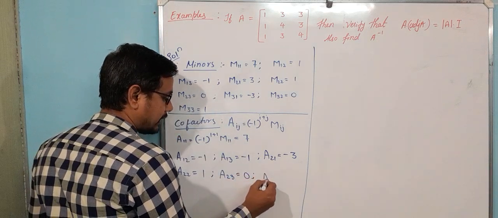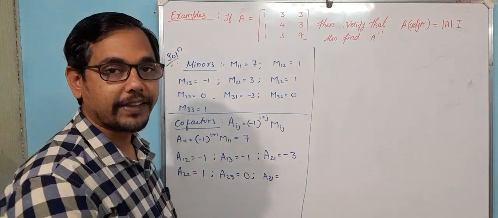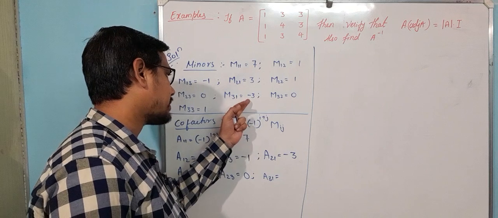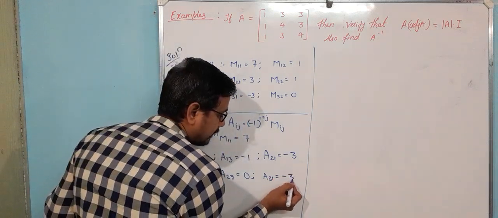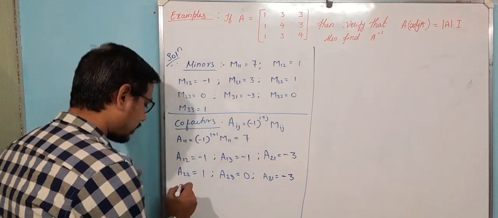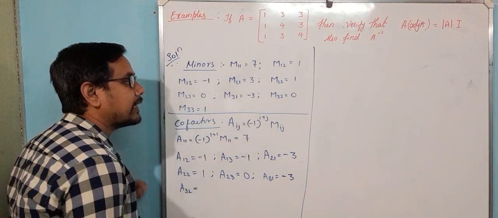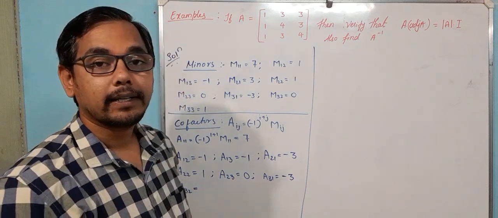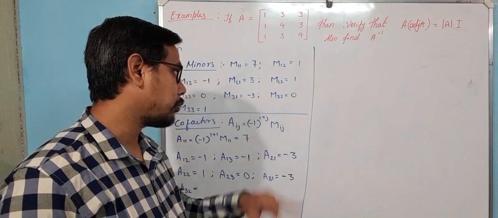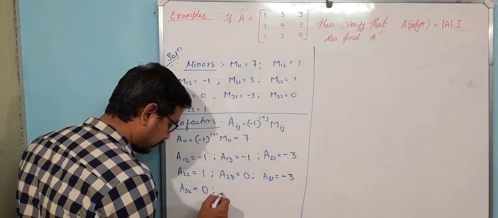Then A31: 3 plus 1 is 4, which is even. Even means as it is, so A31 is M31, which is minus 3. And what is A32? A32: 3 plus 2 is 5, odd. When it is odd, it should be negative of M32, but M32 is 0, and negative of 0 is also 0.